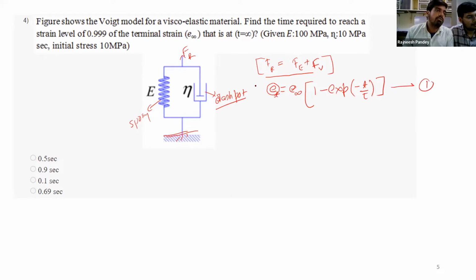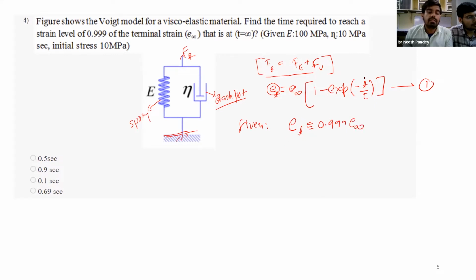Based on this, we are going to find the time after which the strain developed in the system will be 0.999 times the terminal strain. So we are given E at time t equal to 0.999 times E infinite.